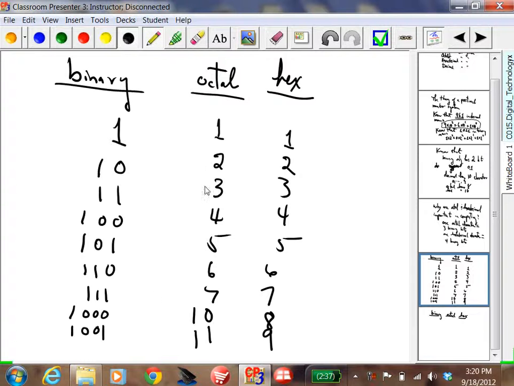So notice octal goes 1, 2, 3, 4, 5, 6, 7, 1, 0.